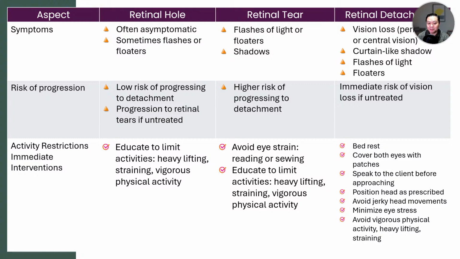This is before the surgery. We're going to have to prevent them from doing jerky head movements, because this can also lead to more detachment of the retina. We need to minimize eye stress, and we need to tell them to avoid vigorous physical activities such as heavy lifting and straining. So that would be your education.